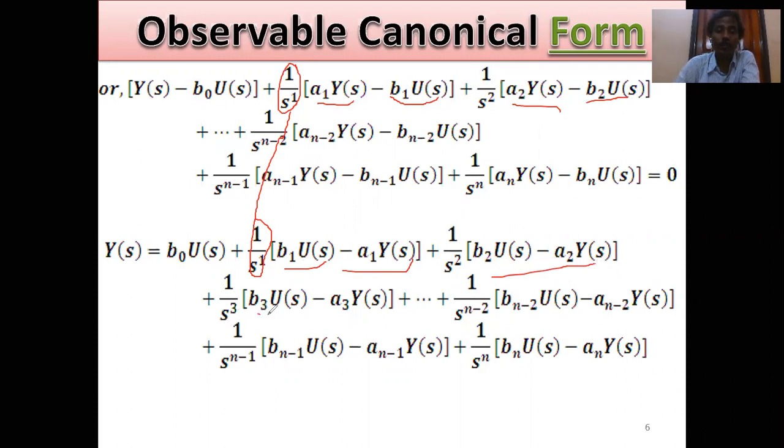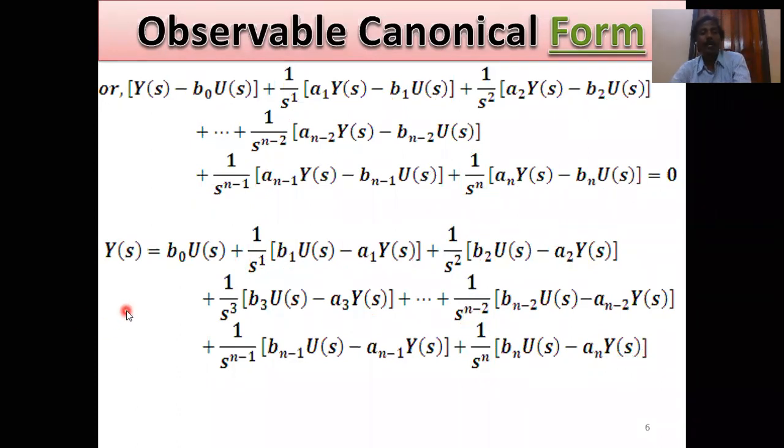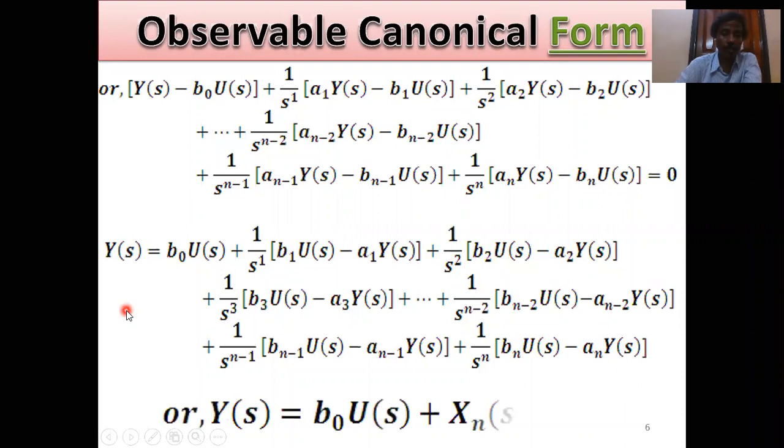Similarly, 1 by s cube, b3 into U(s). And the last term 1 by s to the power n, bn U(s) minus an Y(s). So this is the Y(s) output equal to these terms.